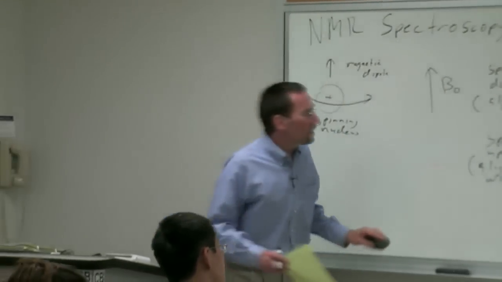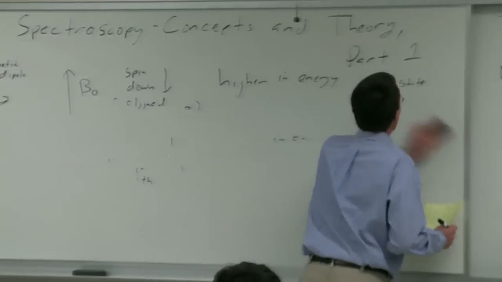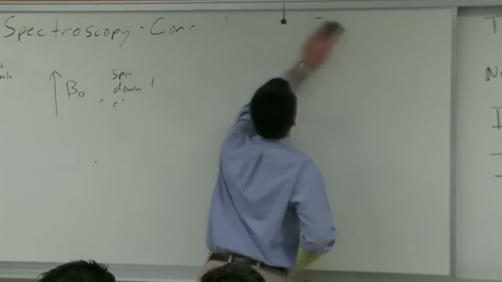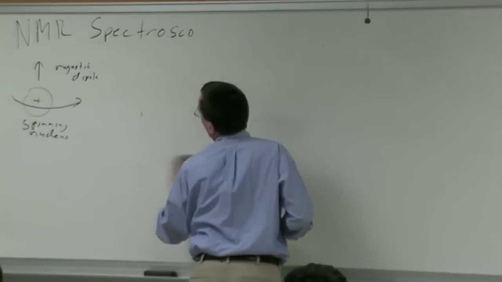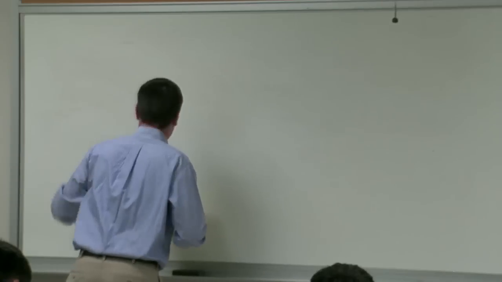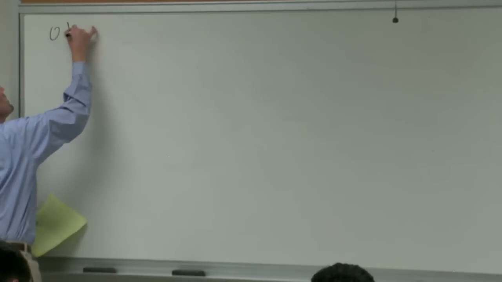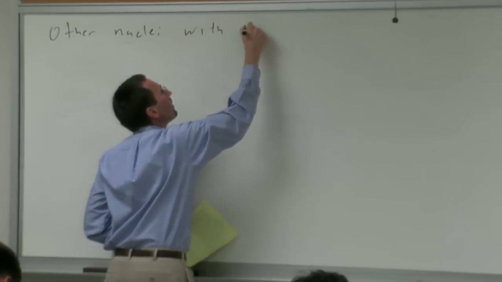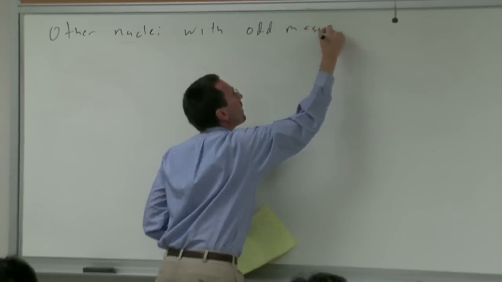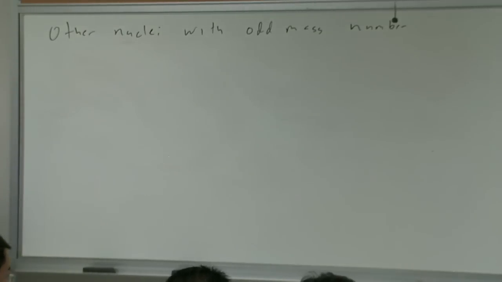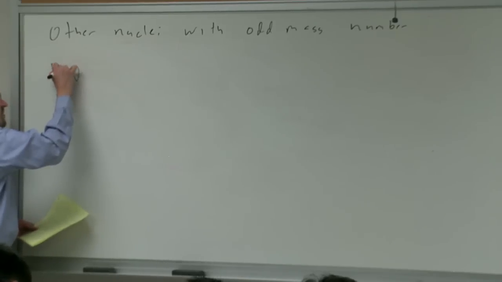All right, so let's look at some other nuclei with an odd mass number. So one very important nucleus in biomolecular NMR is N15.